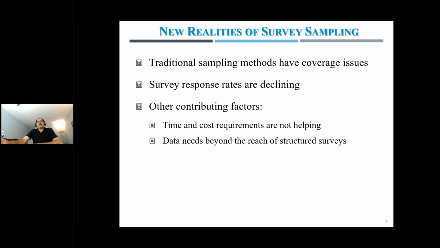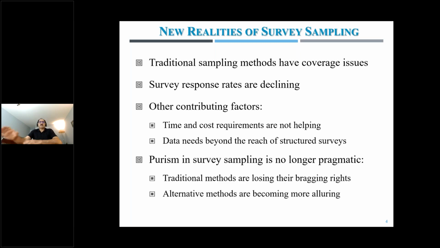And then there are other contributing factors that we need to be aware of, such as time and budget constraints, which may not be an issue for large government surveys, but for the majority of surveys, it is an issue. It seems like more and more we have to do more with less. And then, of course, there are some growing analytical or data needs that may be beyond the reach of traditional or structured surveys that open the door to these alternative methods.